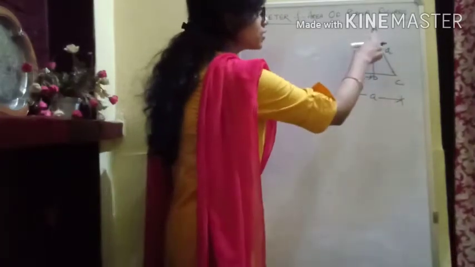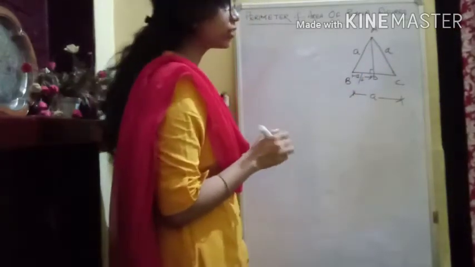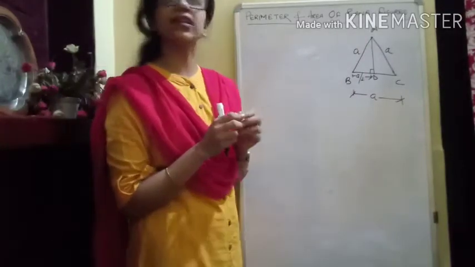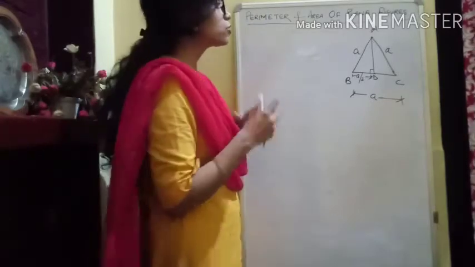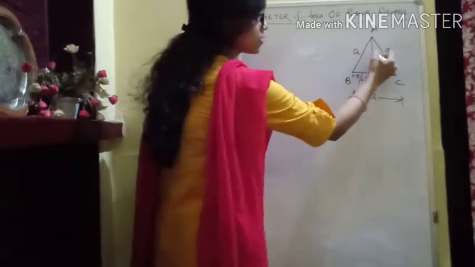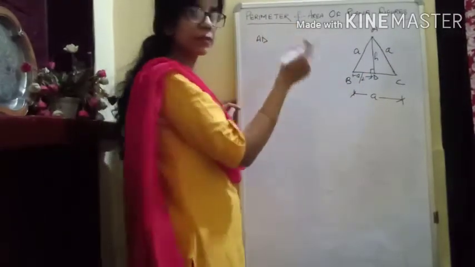Now if you see, since this is the perpendicular, this gives a right angle triangle, and in this triangle ABC we want to calculate the area of triangle ABC. So simple, we don't want to apply Heron's formula. Here you see, this is our height, isn't it? Let's say it is h, as we have drawn AD as the perpendicular.